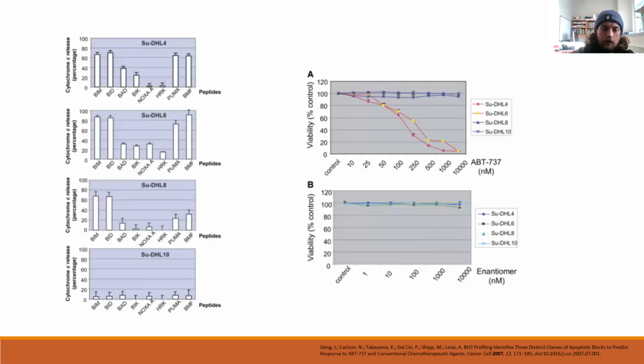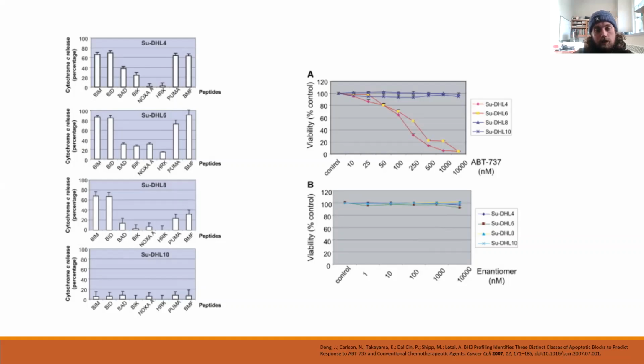And this is an example of correlating BH3 profiles from an older paper, not in our lab, it was an old Thai lab, to cell viability studies. One of the important things about BH3 is that it can be used to predict how samples will respond to a drug. So just doing an untreated BH3 of these cell lines here, we see that CDHL4 and 6 have a class C block, and CDHL8 has an A block, CDHL10 has a class B block.